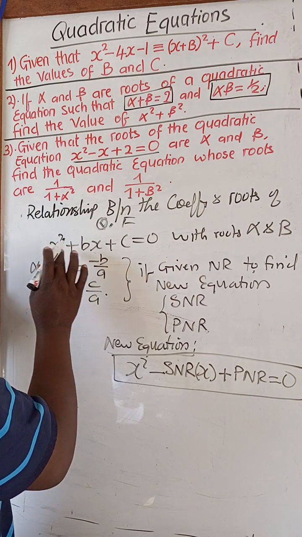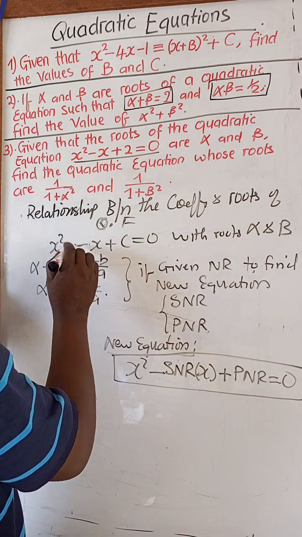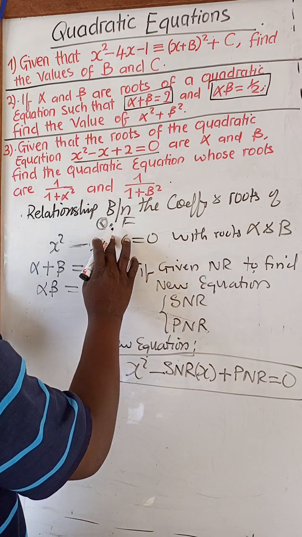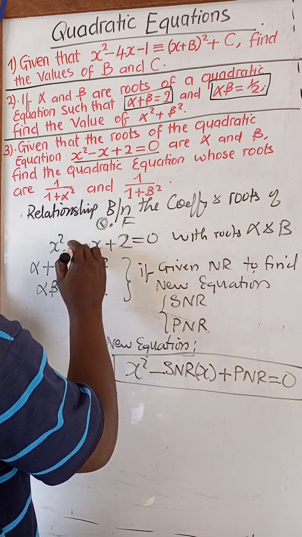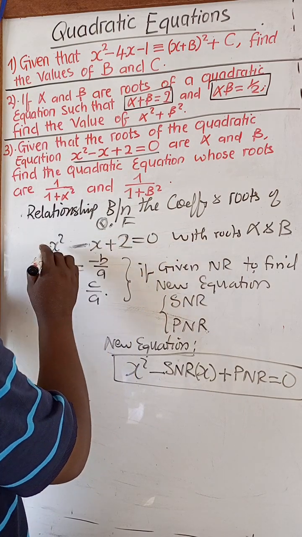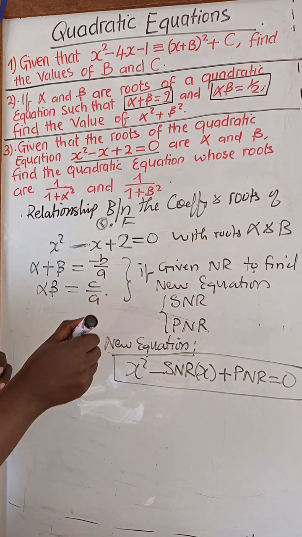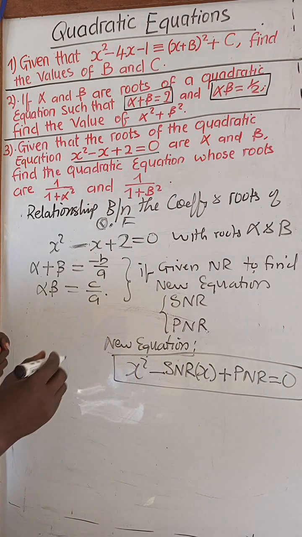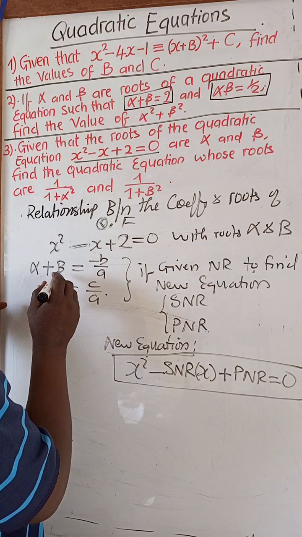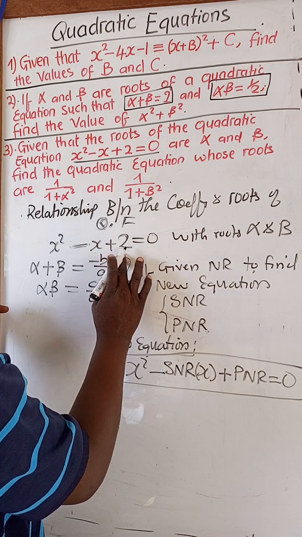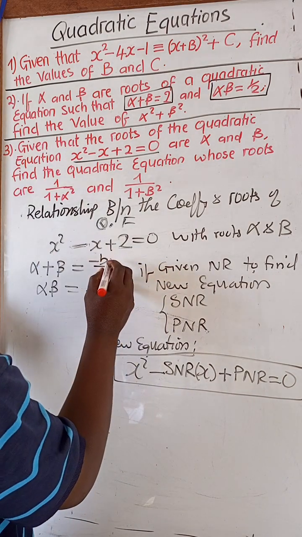Our equation is x squared minus x plus 2 is equal to 0. Now, the sum of roots alpha plus beta is minus b all over a.